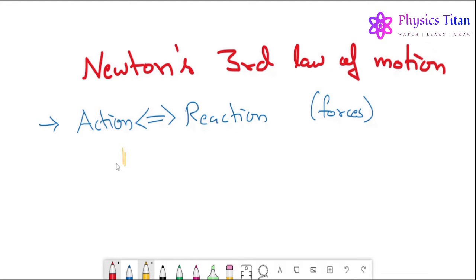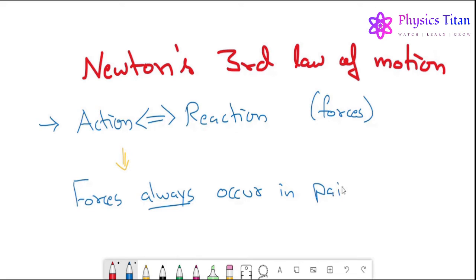Or simply we can say that forces always occur in pairs. Okay, they always occur in pairs, and these pairs are known as action-reaction pairs.